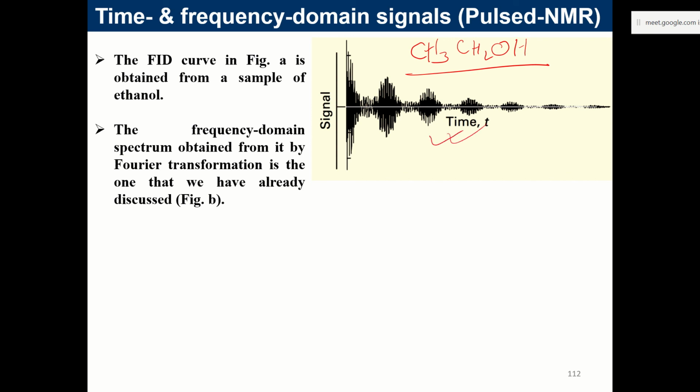This is the pulse profile that you will get from an NMR signal. It is the intensity versus time, the intensity of all the radio waves that are present. So this is the FID curve, in the time domain.